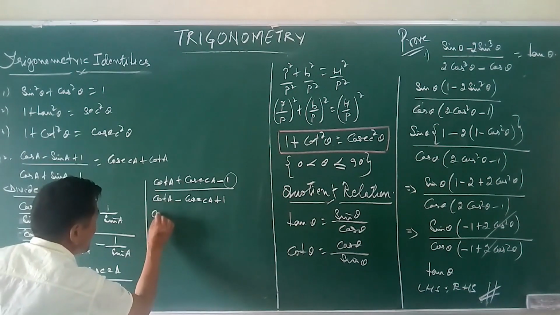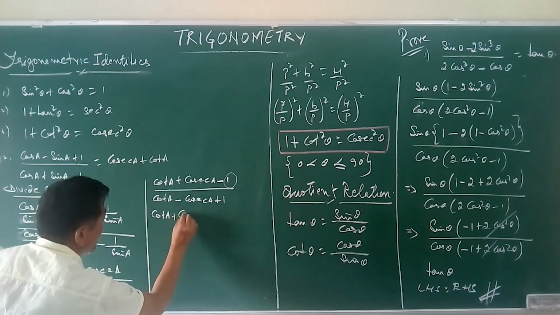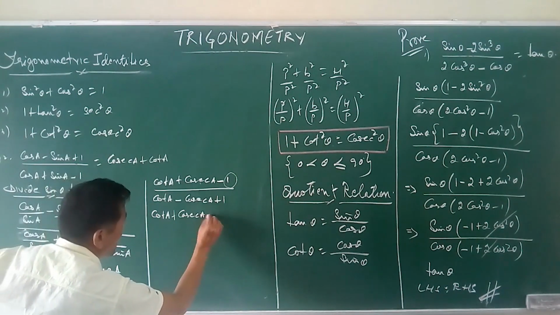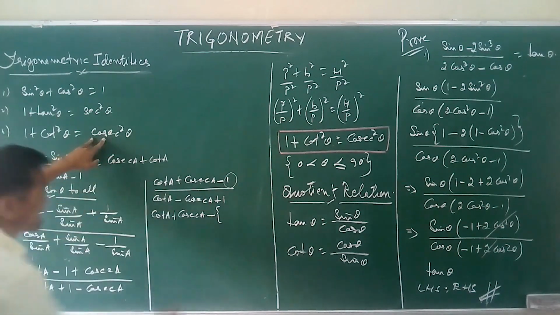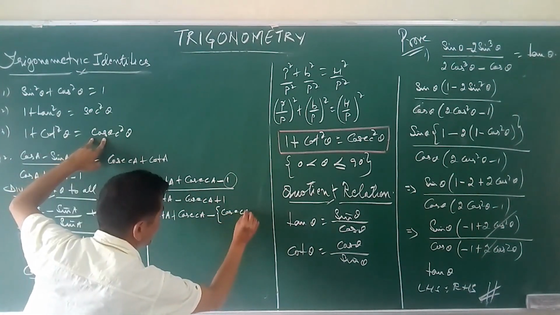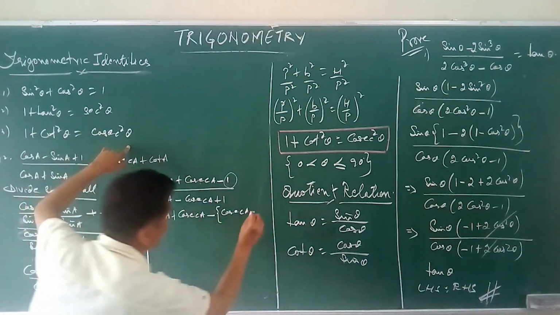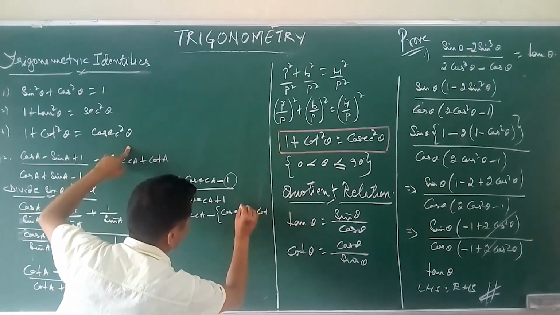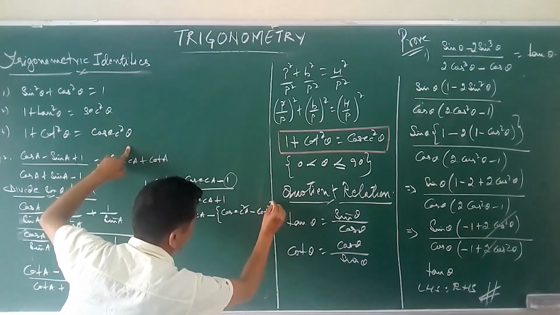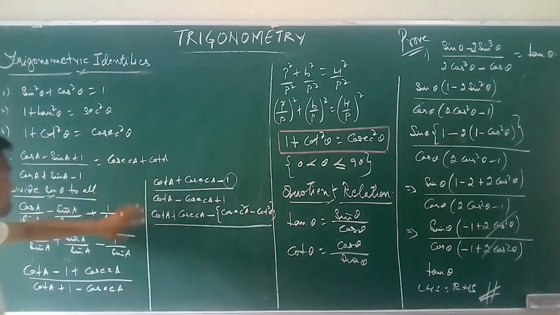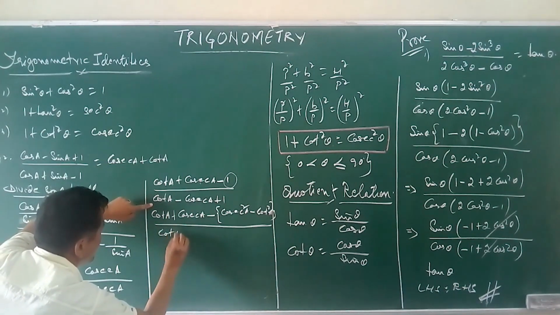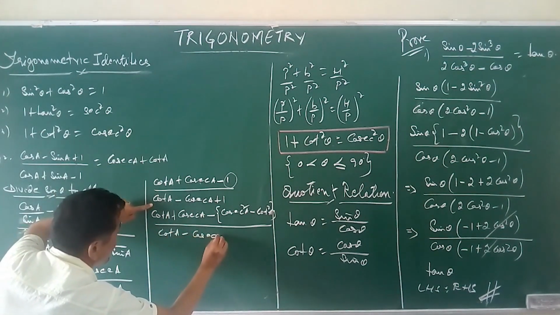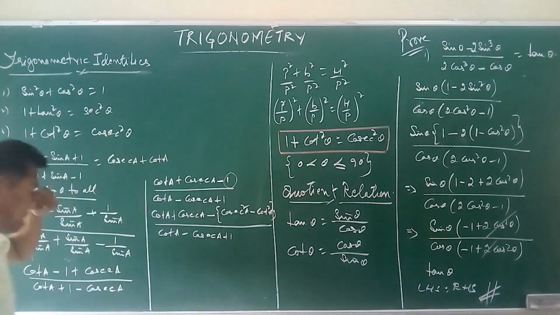So here, cot of A plus cosec of A minus, instead of 1, we put cosec squared A minus cot squared A, and divided by the same denominator, because we need cosec and cot: cot of A minus cosec of A plus 1.